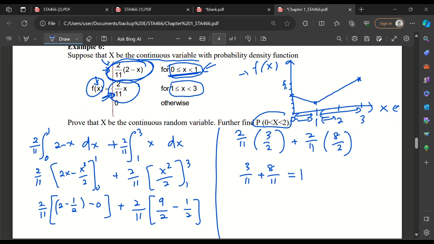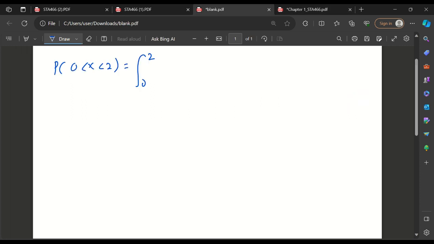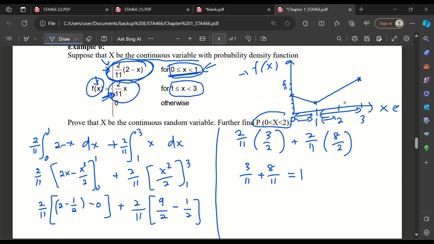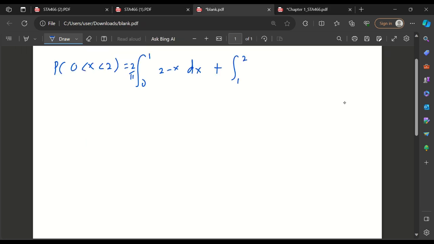Okay, so because of that, it will be the integration of, you have to separate. From 0 to 1, integrate the first function, 2 minus x. Okay, plus. And because we want 0 to 2, so 0 to 1 and then 1 to 2. Here. 1 to 2 use the second function. Plus 1 to 2 use the second function, dx. And then just integrate.